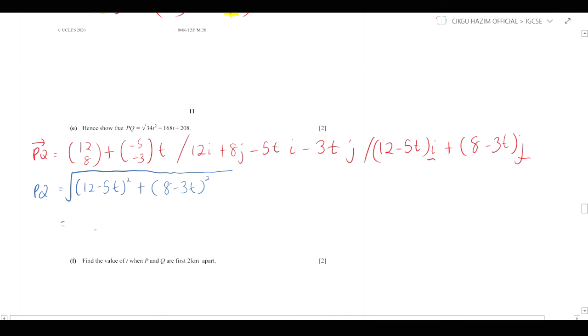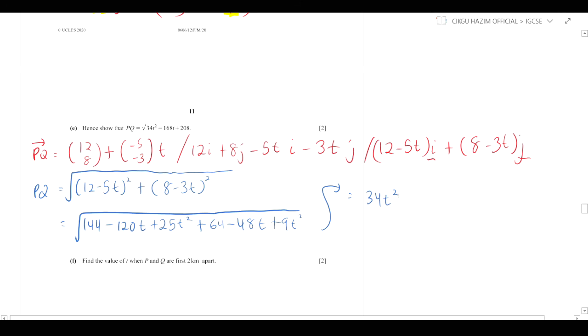Just expand this: 144 minus 120t plus 25t squared plus 64 minus 48t plus 9t squared, and then square root all of these. Simplify: 25t squared plus 9t squared equals 34t squared.